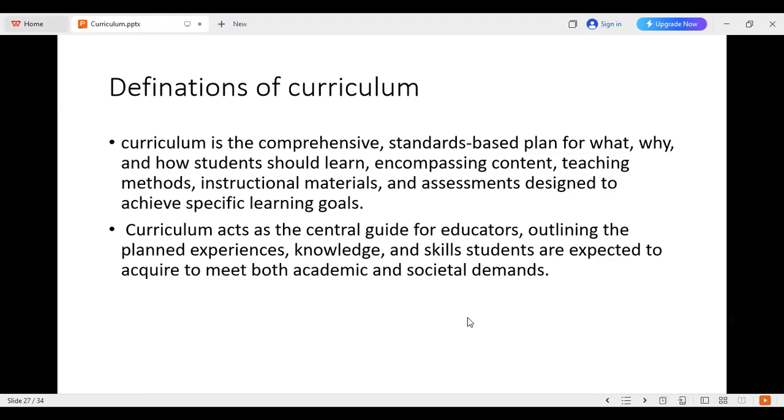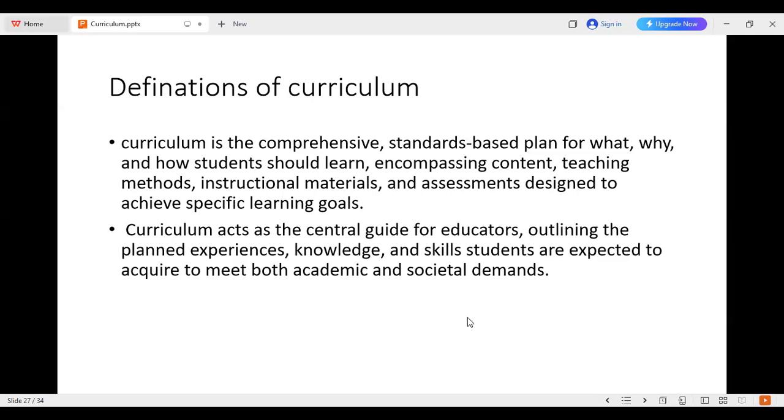Instructional materials. In the old era, 1,000, 2,000 years ago, only books and some other material. But in modern society, instructional materials in the classroom, teaching aids, different teaching materials, including modern technology.